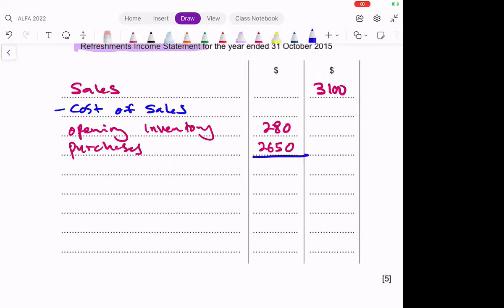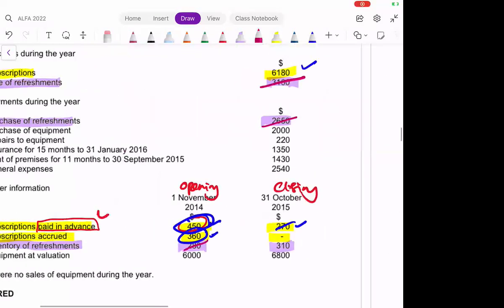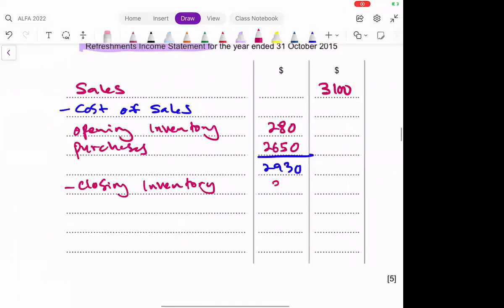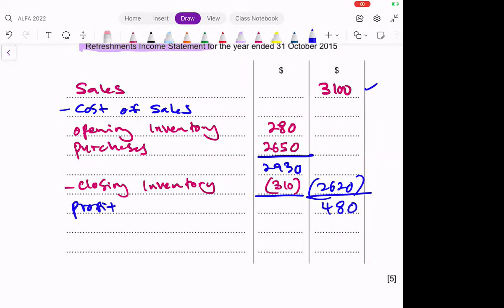So you total up, get 2,930, minus closing inventory 310, 2,620. 3,100 minus 2,620 is 480. A positive answer means profit, profit from refreshment.